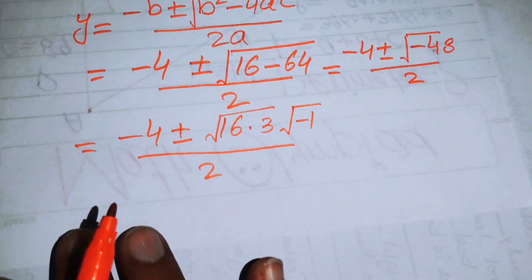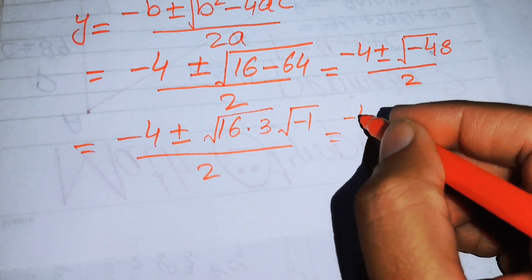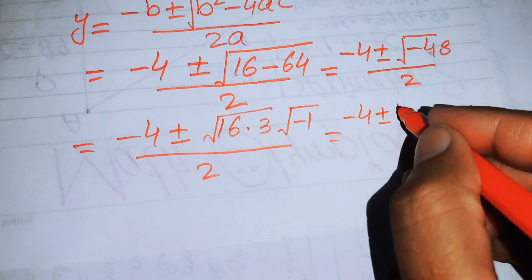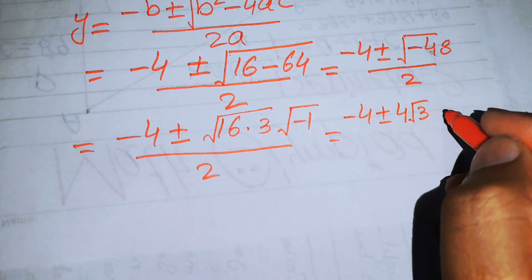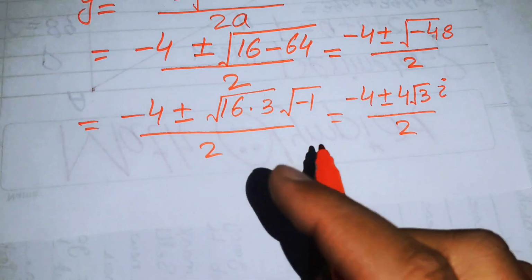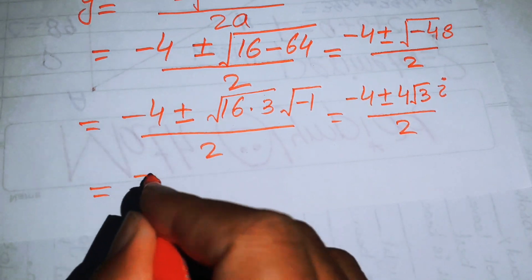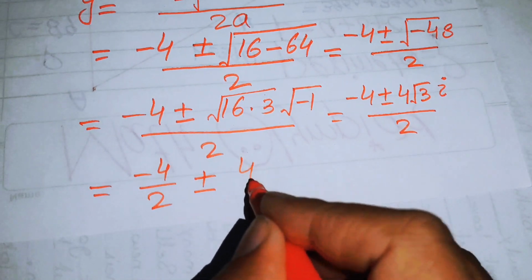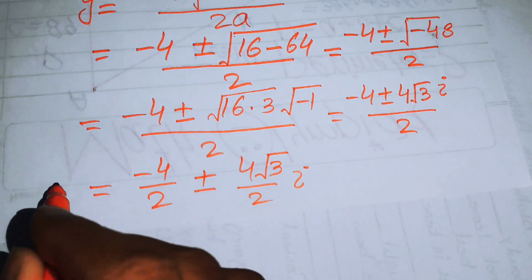In the next step we write minus 4 plus minus, you know that the square root of 16 is 4, and this is the square root of 3, and the square root of minus 1 becomes iota, and whole over 2. And now we separate all these terms, and you get minus 4 over 2 plus minus 4 times square root 3 over 2 times iota.